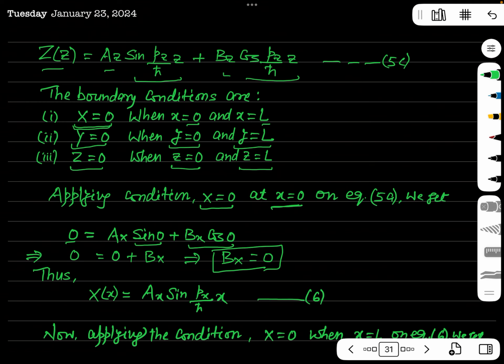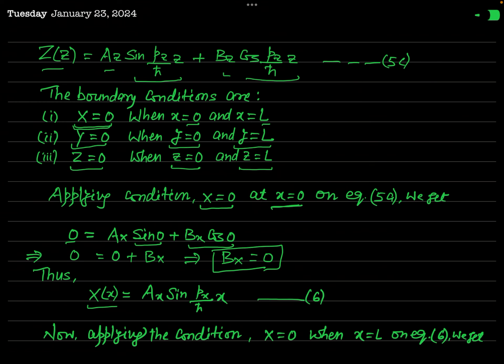You can see our equation 5a now becomes X of x equal to Ax times sine Px over h bar times x. Okay? Now on this equation 6, we will apply the boundary condition that when x is equal to capital L, see it here, then capital X is again 0, see it here.